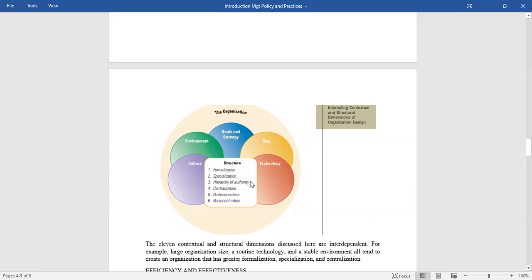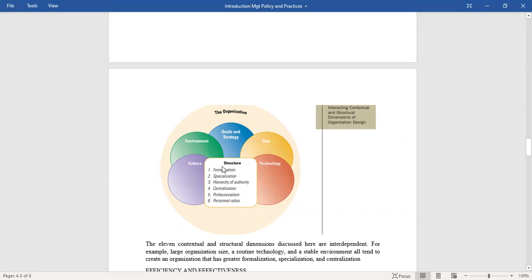which set the stage for this structure to be finalized, right? So these are what I was telling you, the situational factors. These are the important situational factors or settings in which the internal structure or the structural dimension needs to be figured out. Because as I told you, there can be levels of formalization, specialization, hierarchy, centralization, professionalism, and personnel ratios.